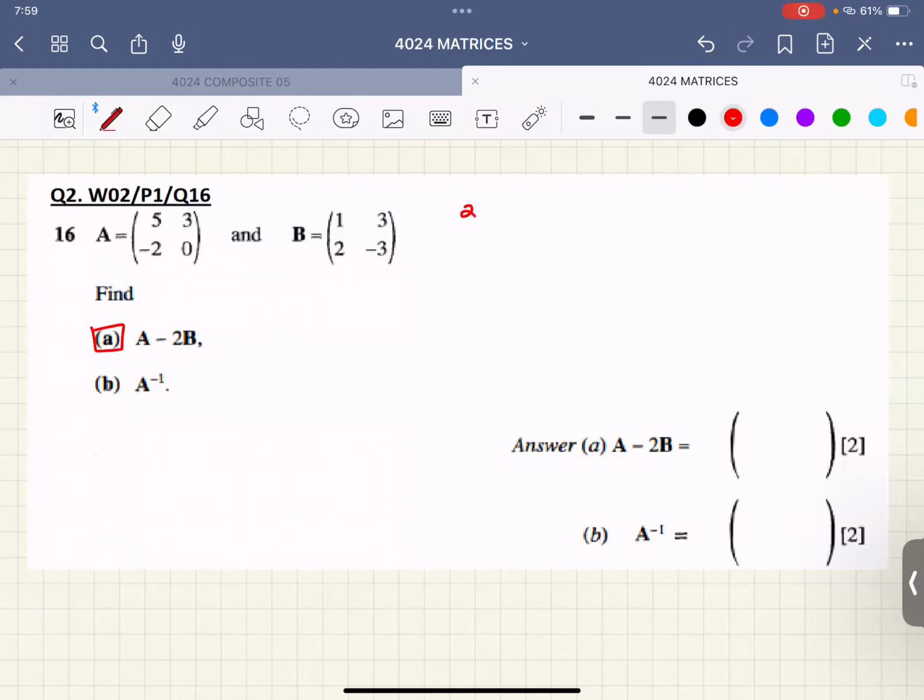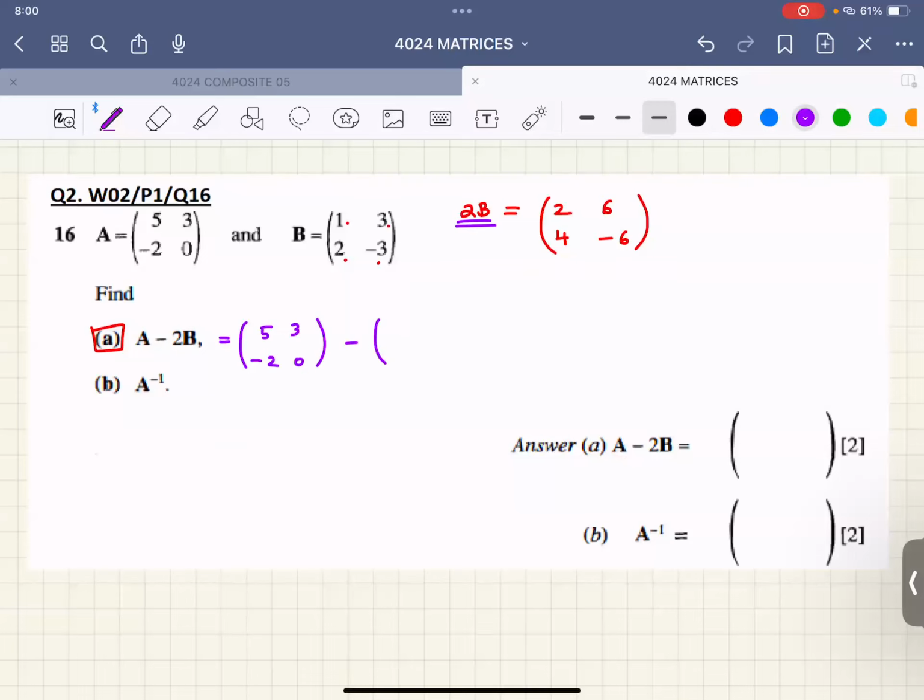So let me write 2B over here. That is just doubling every element: that's 2, that's 6, that's 4, that is -6. That's 2B.